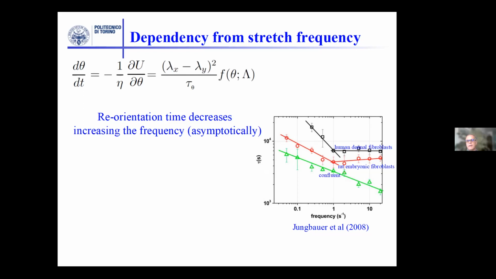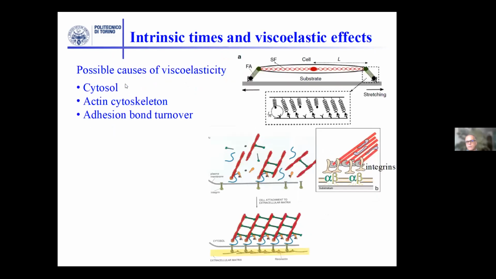Of course, there are several reasons why this does not hold, so this model is not good enough. The reasons for having an intrinsic time are related to the fact that the cytosol is not elastic, it's viscoelastic, more viscous than elastic. The actin cytoskeleton is viscoelastic too.